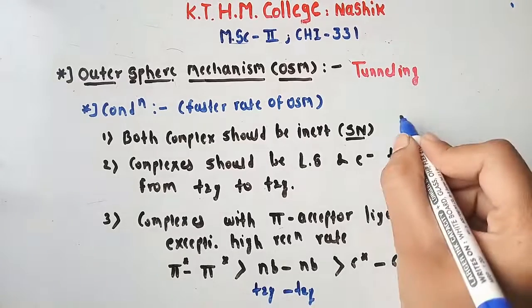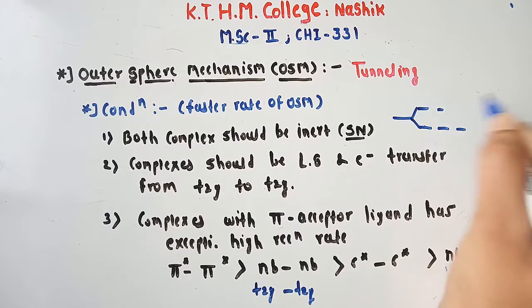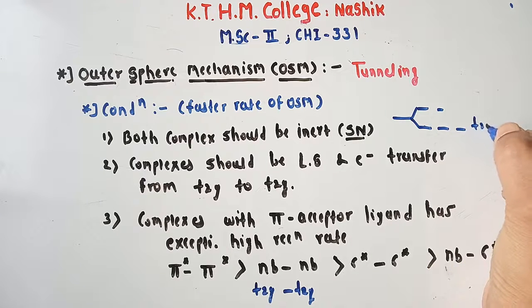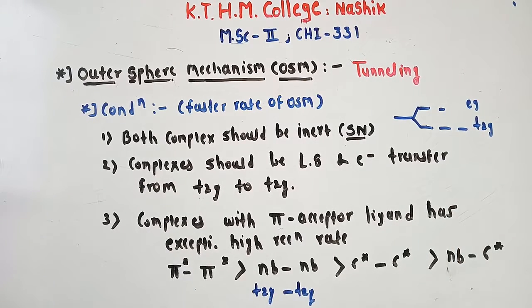See, if your complex is octahedral, T2g is here and Eg is here. If electron transfer is from T2g to T2g, that transition is non-bonding to non-bonding, and all Fe complexes show such a transition.